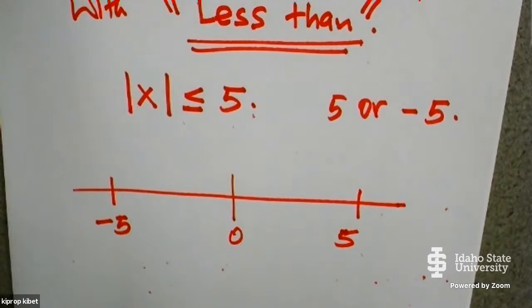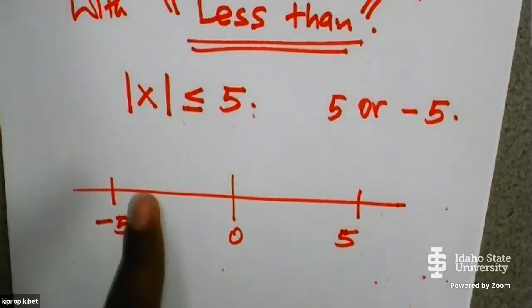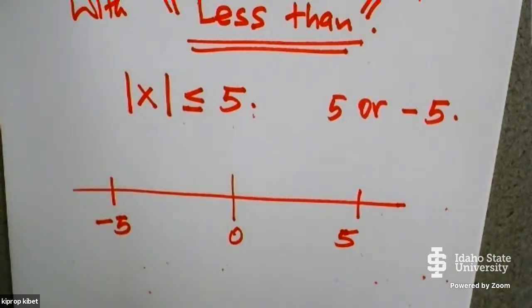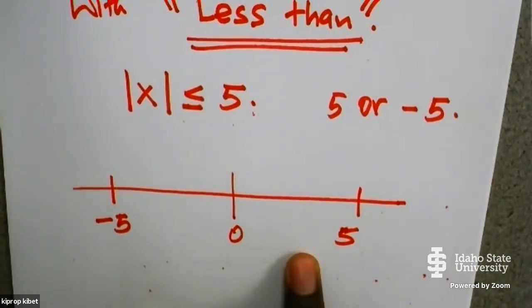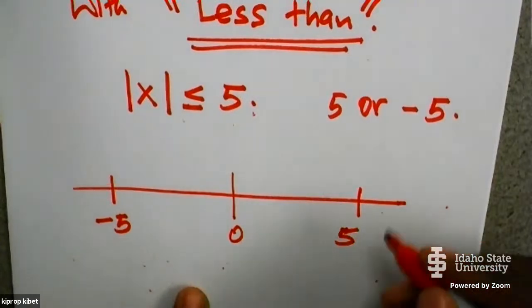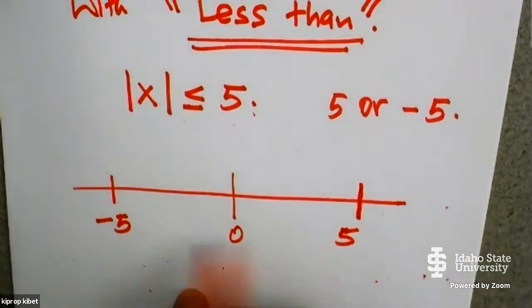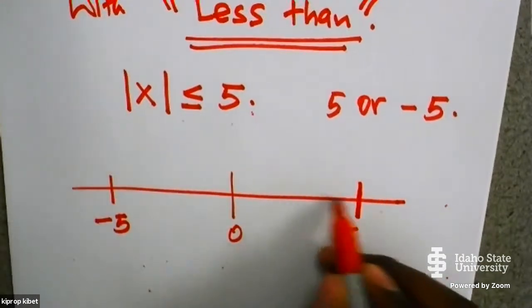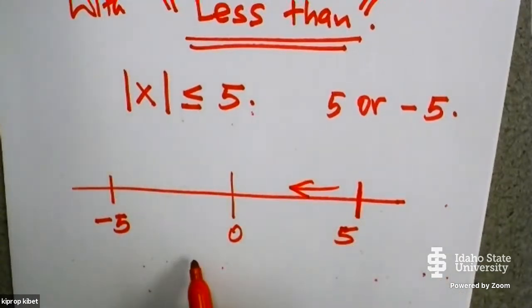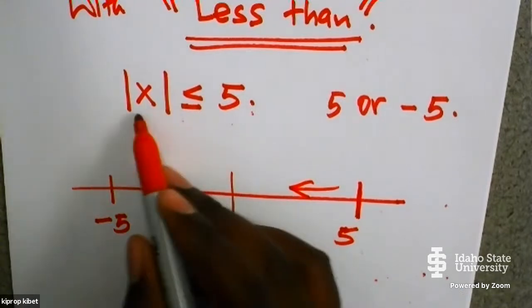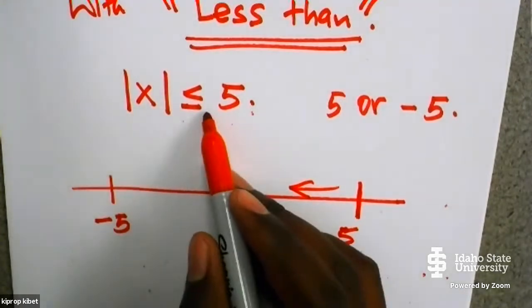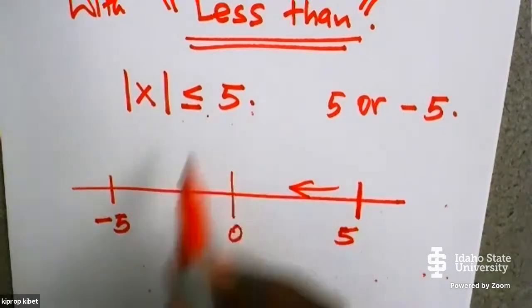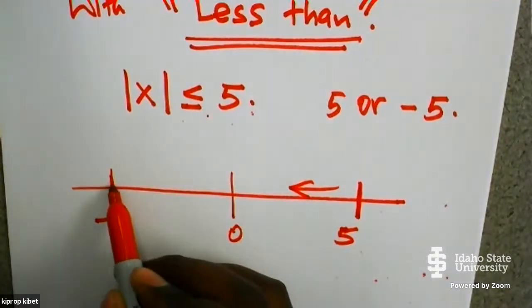Now, when x is less than 5, are all values of those x less than 5? So they are within this range. The values of x are also less than 5, and also within this region.